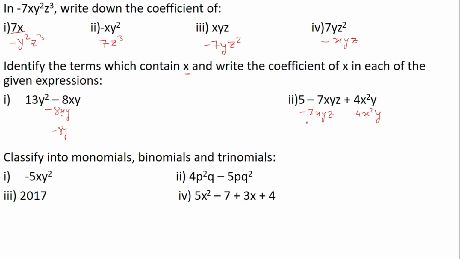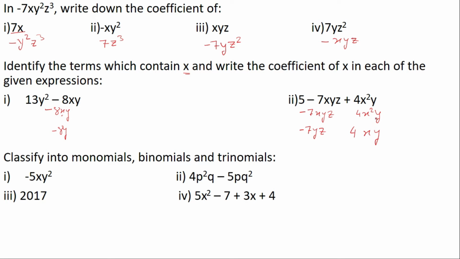So for the first term the coefficient will be minus 7 yz, and for the second term, that is 4x square y, the coefficient will be 4x and y.